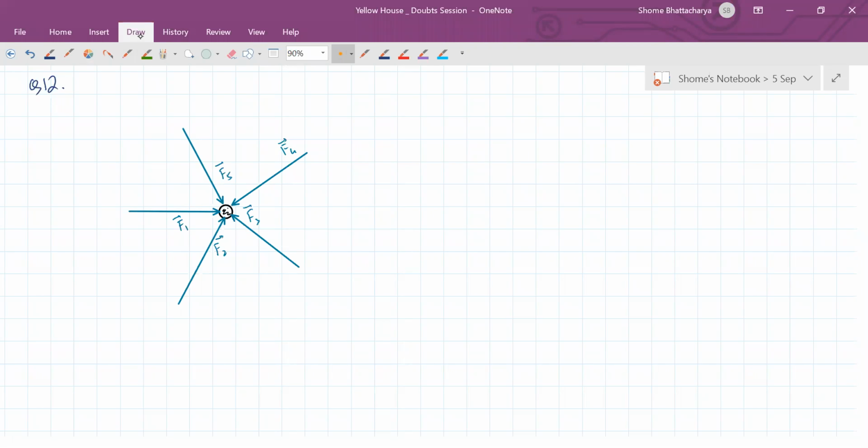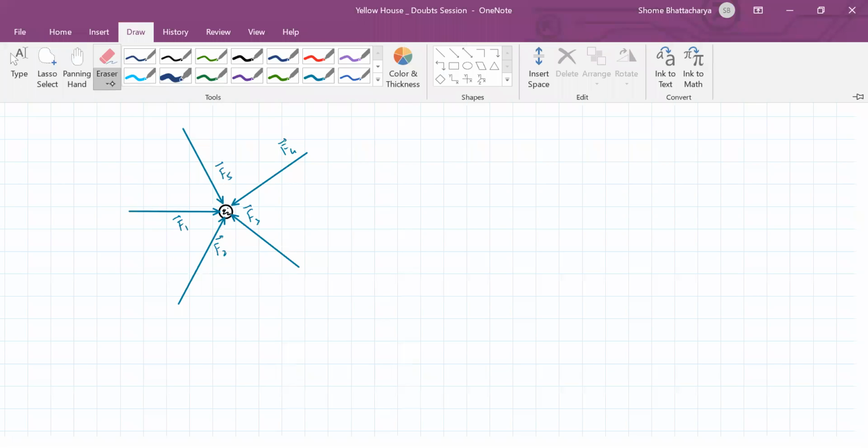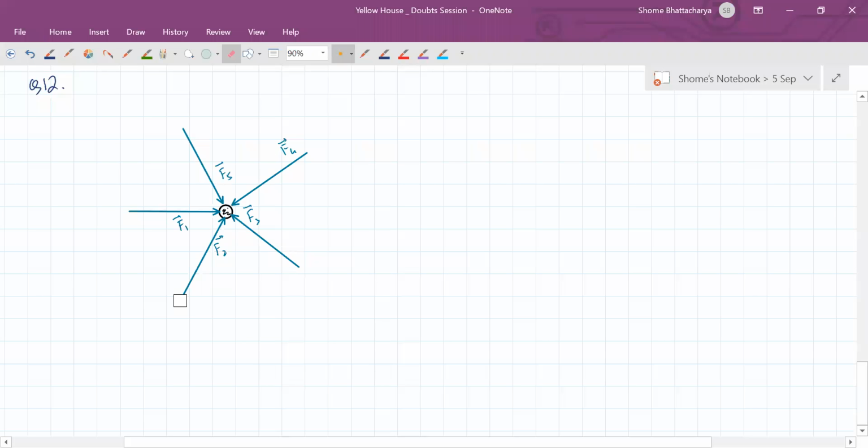Okay, so first of all, they are all the same in magnitude. So the magnitude of F1 is equal to the magnitude of F2, same as 3, 4 and 5.